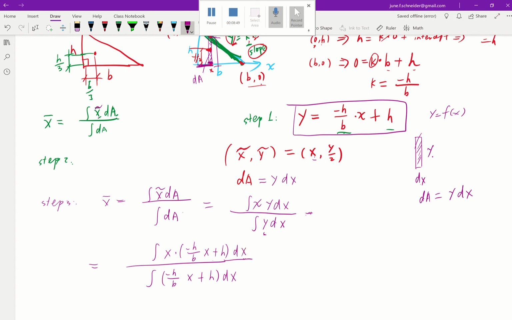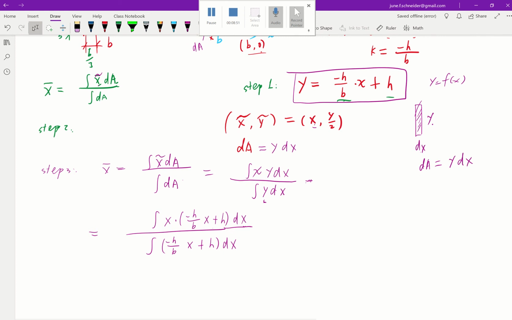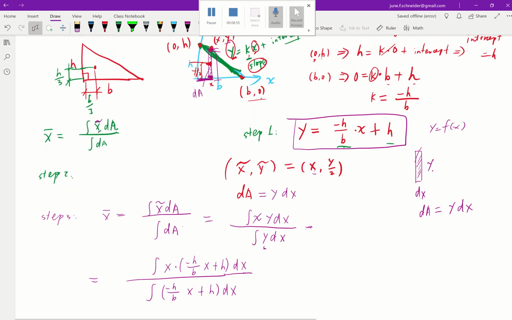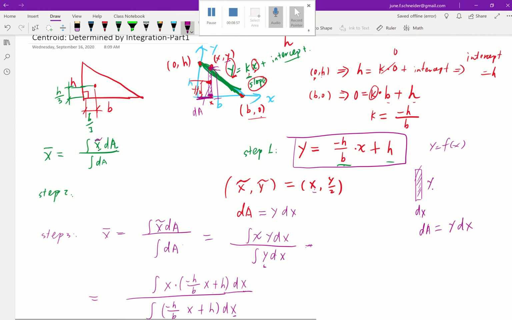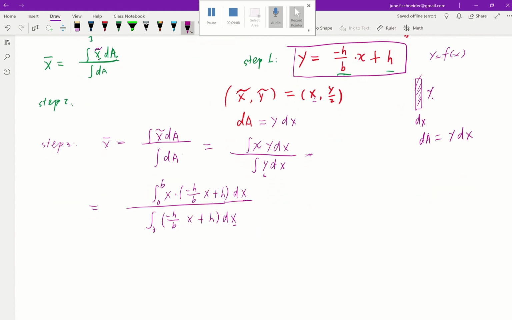Okay, so that's what we have now. We are going to integrate, and our range for x, because we integrate about x, what's the x range here? It's going to be from 0 to b, right? That's our base. So from 0 to b.